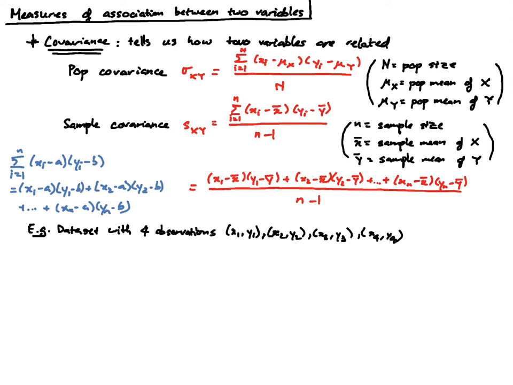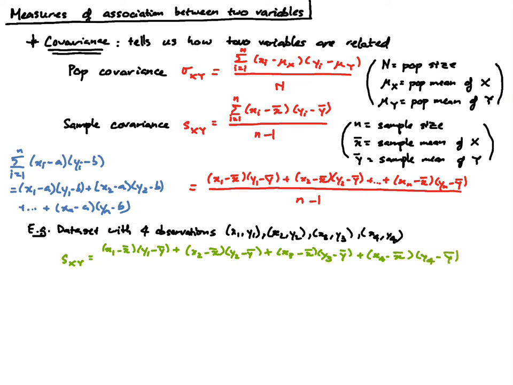Then we calculate the sample covariance. So the sample covariance Sxy is equal to x1 minus x bar times y1 minus y bar plus x2 minus x bar times y2 minus y bar plus x3 minus x bar times y3 minus y bar plus x4 minus x bar times y4 minus y bar.